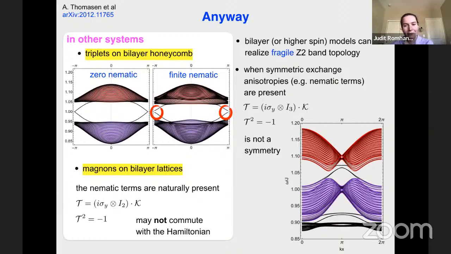And that's kind of unfortunate in the sense that if you have a magnet, then these anisotropies, no matter how small, can be present, and they can very much destroy the Z2 band topology for this system. So further investigation, I think, is probably needed if there are other systems where different kinds of symmetries may protect this Z2 band topology.